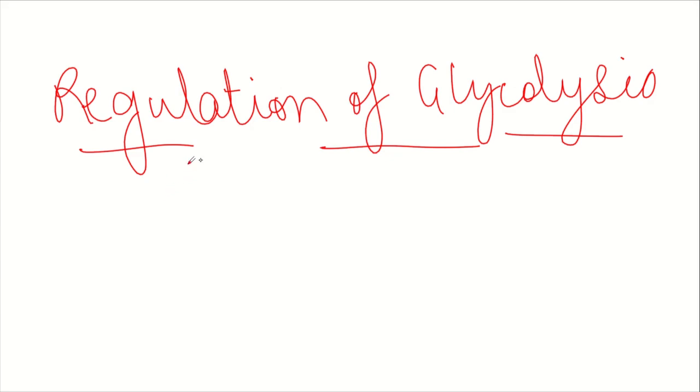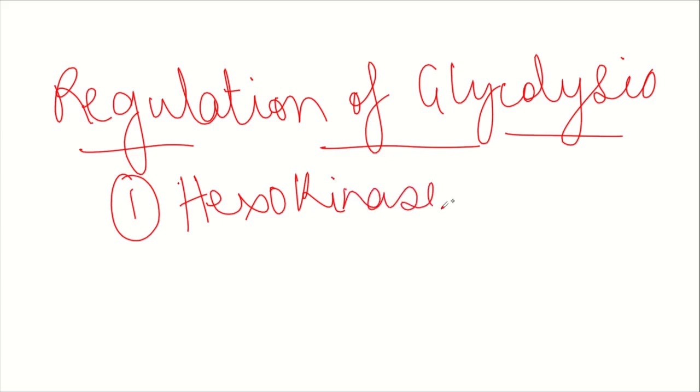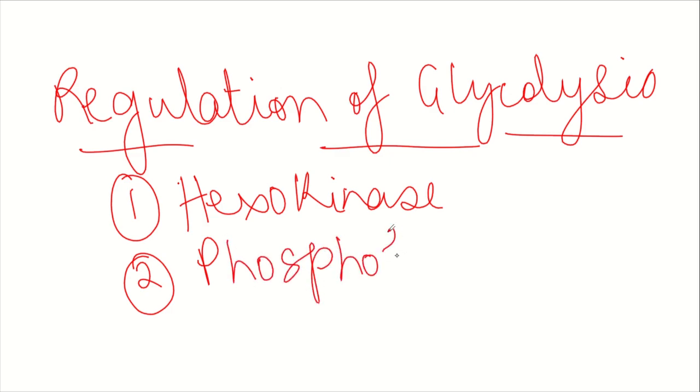In the previous video we learned about glycolysis. In this video we're going to learn about the regulation of glycolysis. So there are three enzymes involved in the regulation of glycolysis. The first one is hexokinase. Second one is phosphofructokinase.